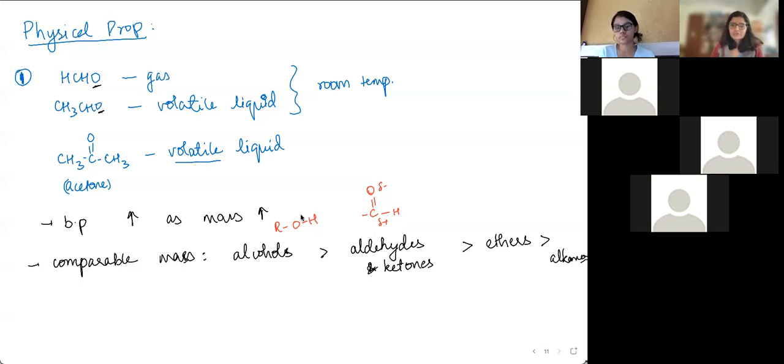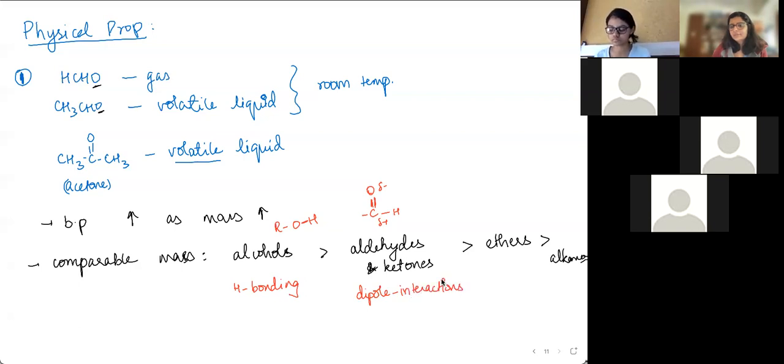Correct. So the polarity between these two is a lot more than the polarity that would be present in these two. So here you have hydrogen bonding. Here hydrogen bonding is not there. You only have dipole interactions.